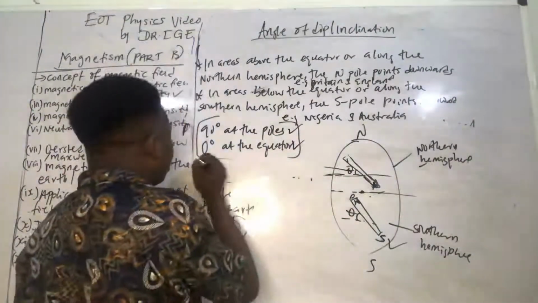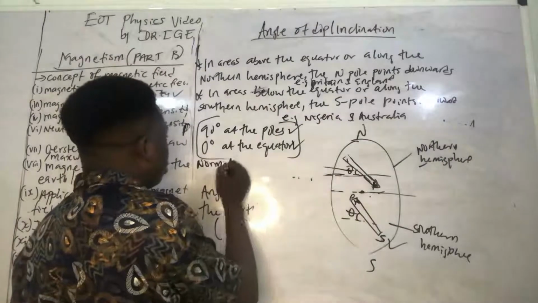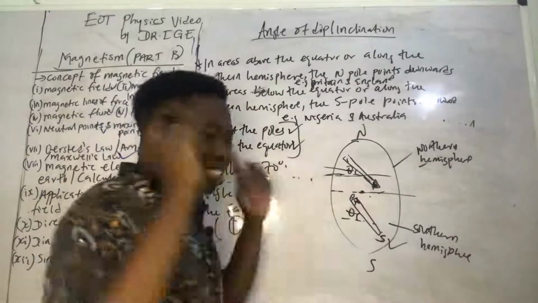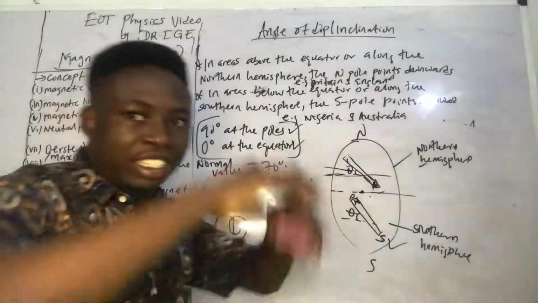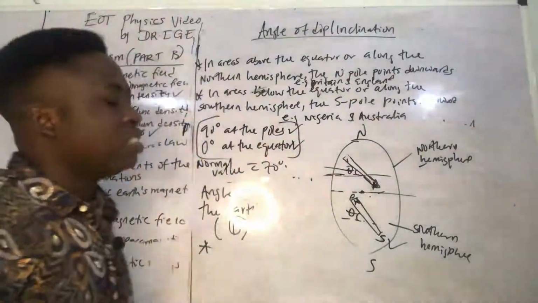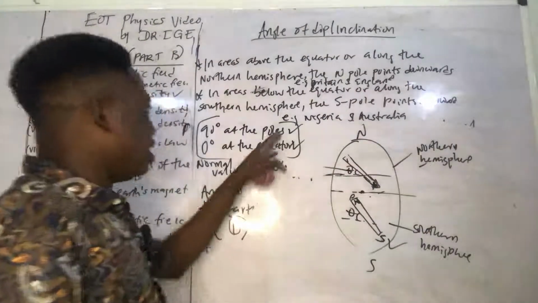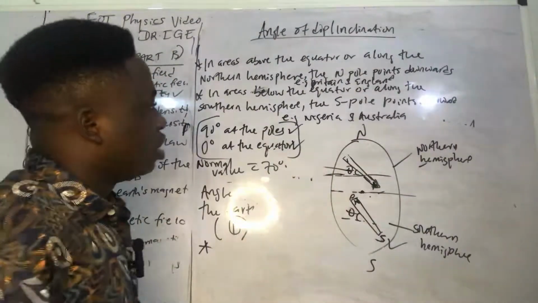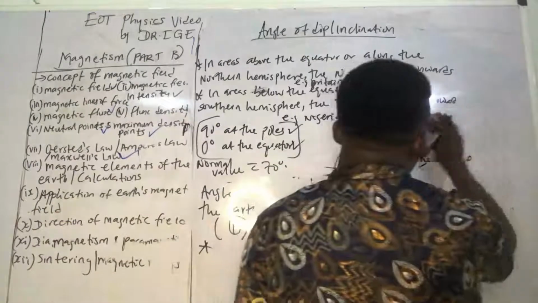Then please take note, the normal value of angle of dip is 70 degrees. I'm not saying at the pole or equator now, the normal value of angle of dip is 70 degrees, while at the poles is 90 degrees, at the equator is 0 degrees. Please take note of that.